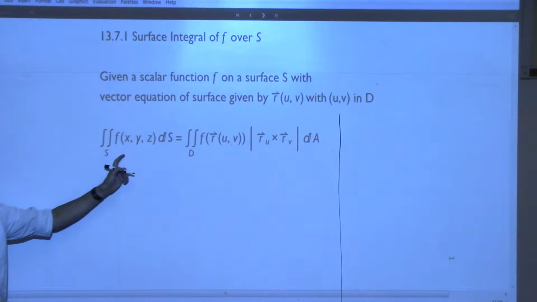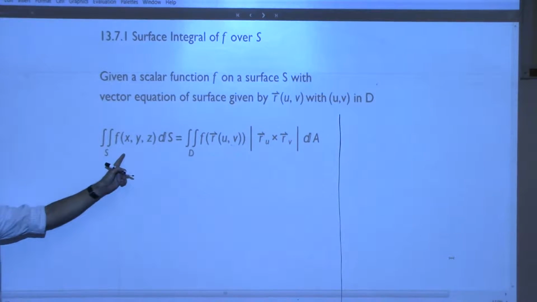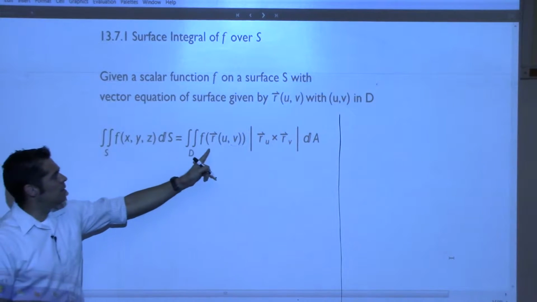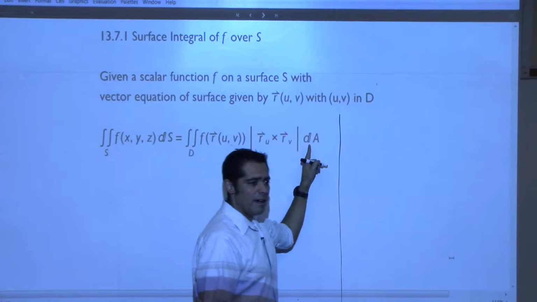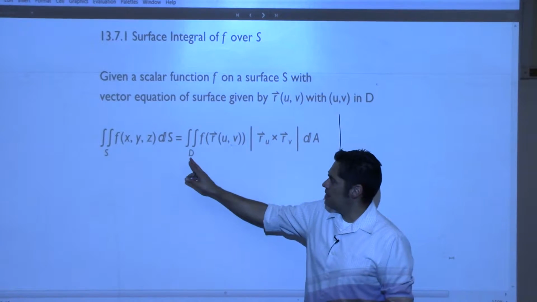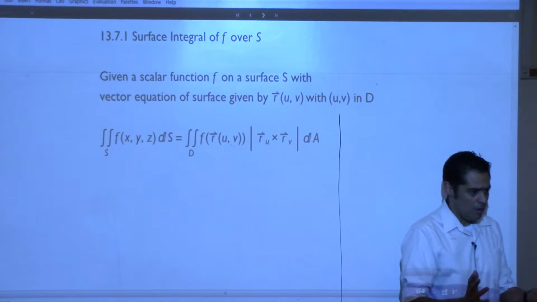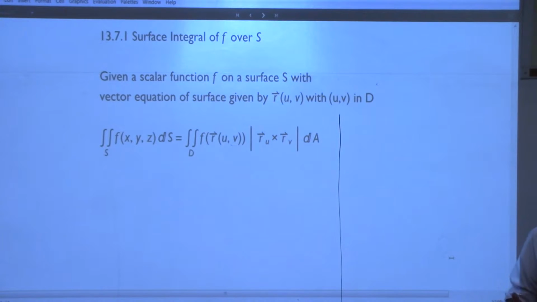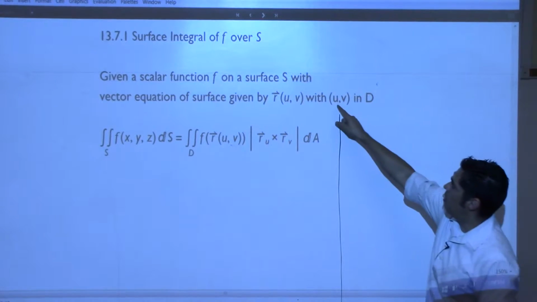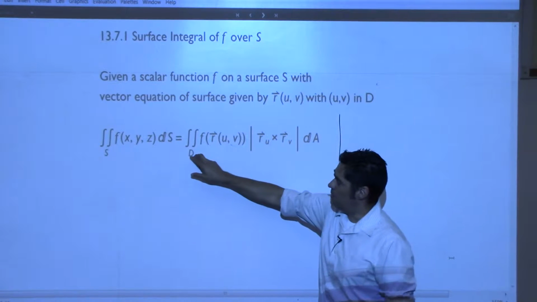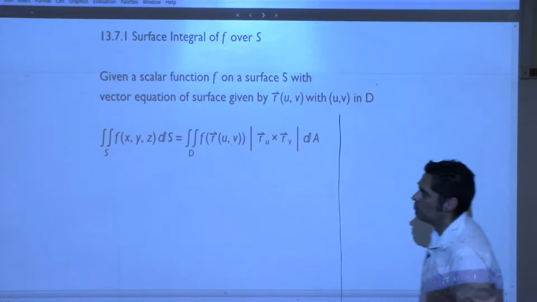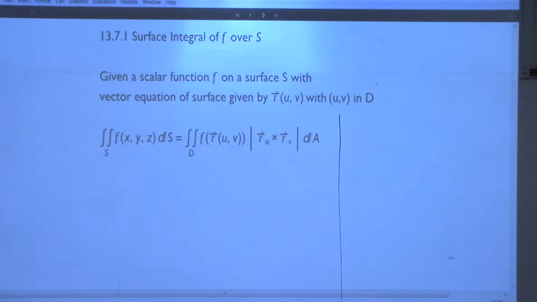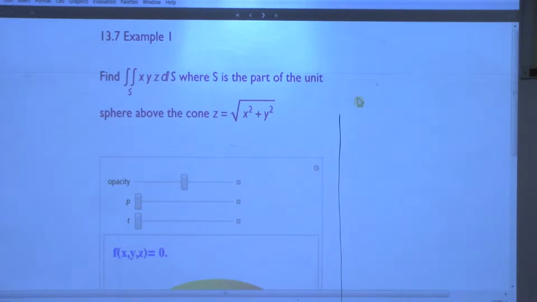So this is the surface integral, which turns into a double integral over D of this with respect to area. And D here, our restrictions are on u and v. Whatever our restrictions on u and v are going to become our limits of integration on this double integral. I think we'll just get right into an example.